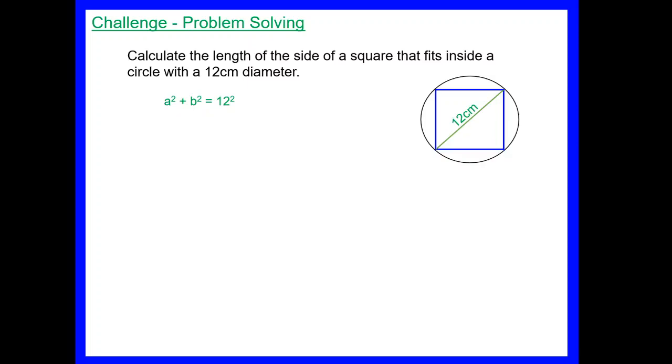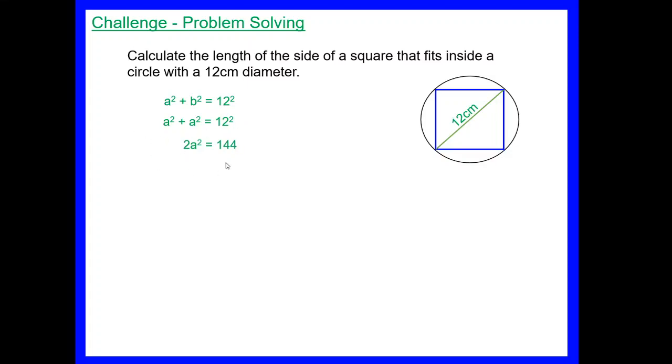Because this is a square, if one side is A, then we can call the other side A as well. So rather than A and B, they're the same value. So we could say that A squared plus A squared equals 12 squared. If I simplify my equation there, A squared plus another A squared gives us 2A squared, and 12 squared is 144. Whenever we're doing these sorts of problems, we need to break them down into small steps.